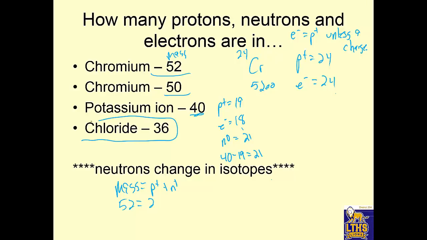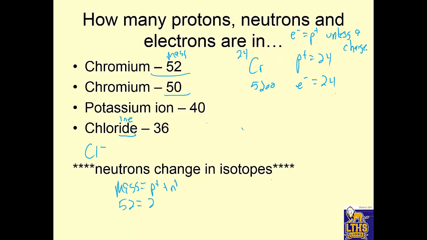Chloride is my last one. Now notice chloride isn't quite the same as chlorine. The chloride is Cl negative 1. So I'm going to look at chlorine first. If something ends in "ide," you're going to look for the "ine" for the protons. Chlorine has 17 protons, just like before.